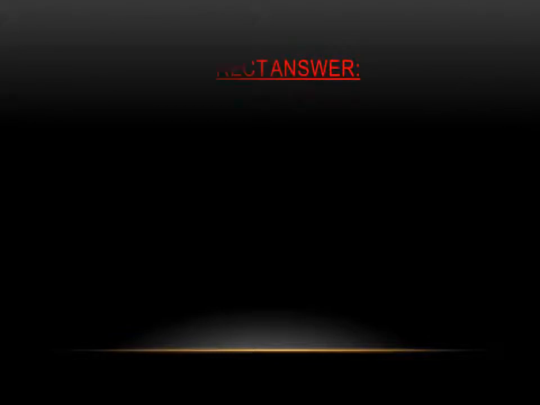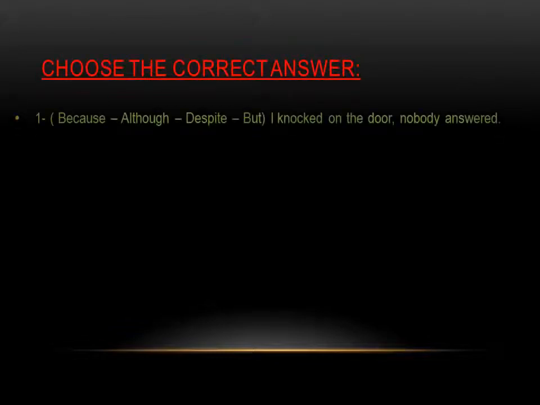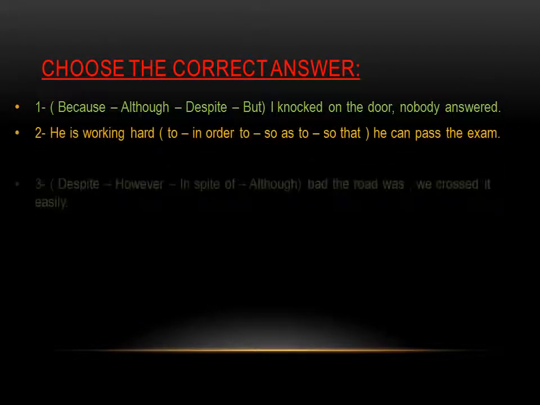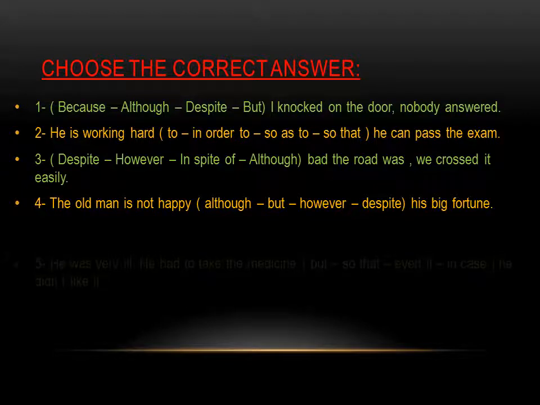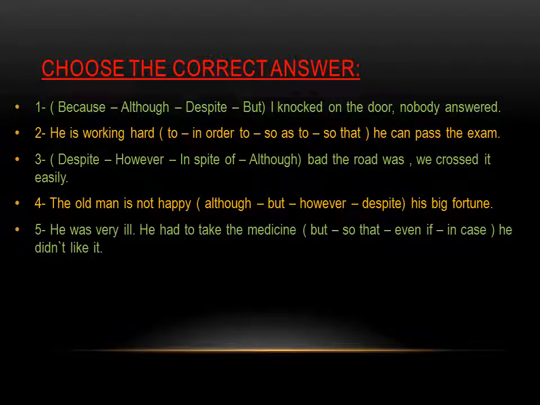Here in these slides you will have some sentences to choose the correct answer. These sentences are about linking the whole lesson. Number 1: because, although, despite, but. I knocked on the door, nobody answered. Which one is the right answer?